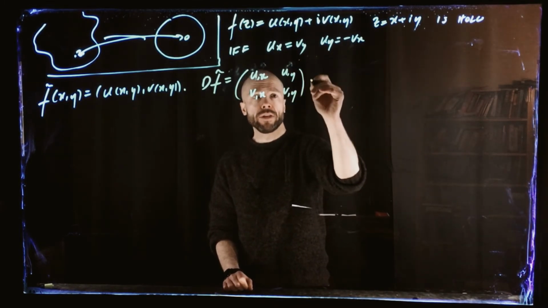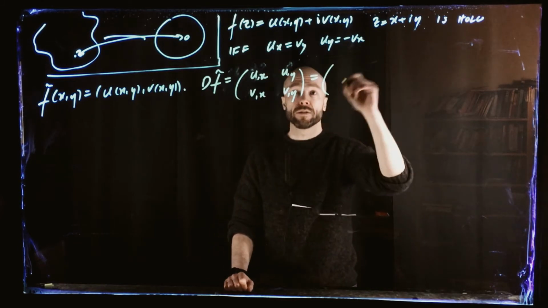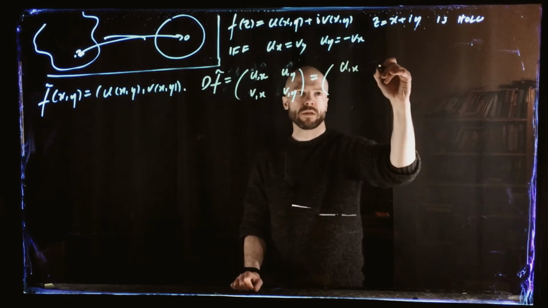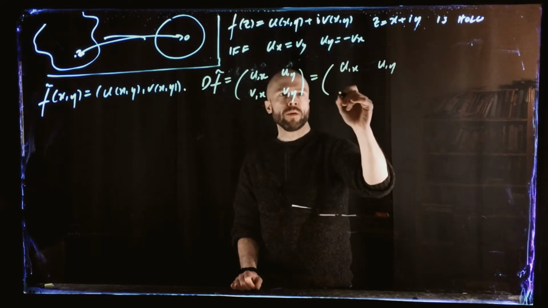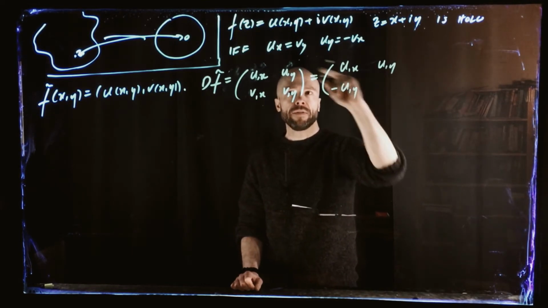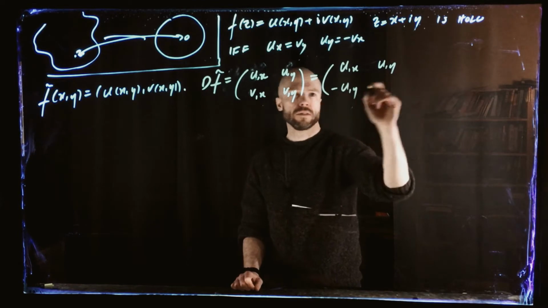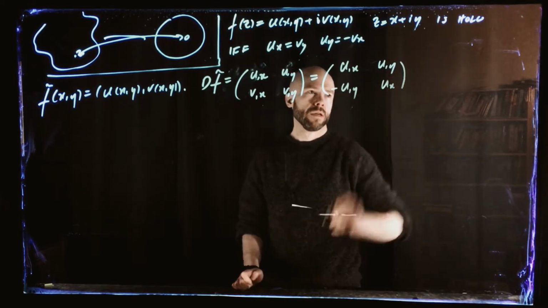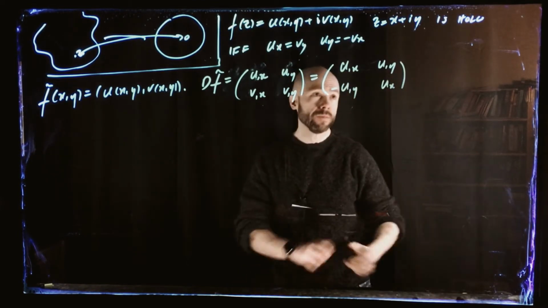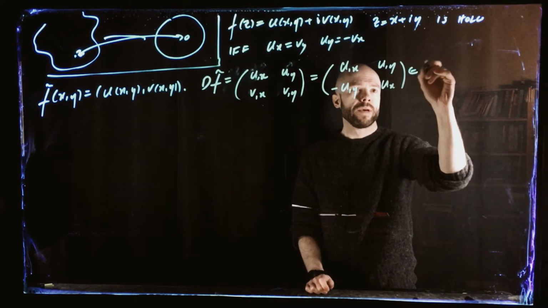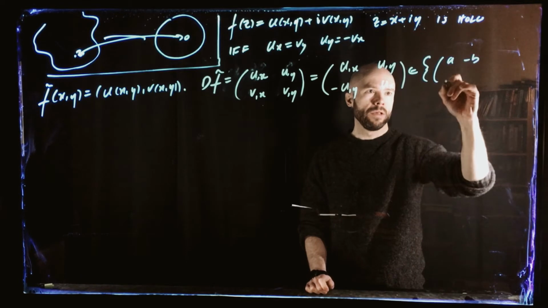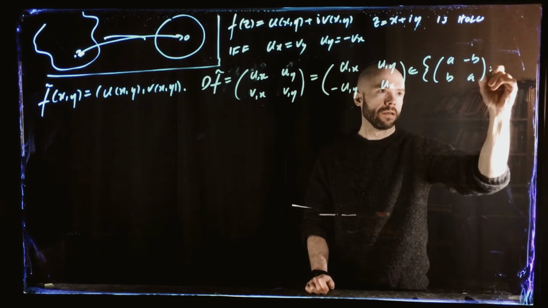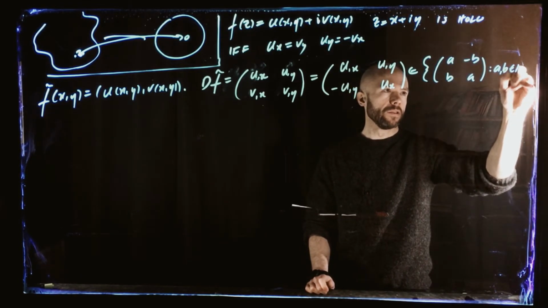So we can write everything just in terms of partials of u. So we have u_x, u_y, and this one we replace by minus u_y, and this one is just u_x. In other words, it belongs to the space of matrices of this form, A, minus B, B, A, where A and B are real numbers.